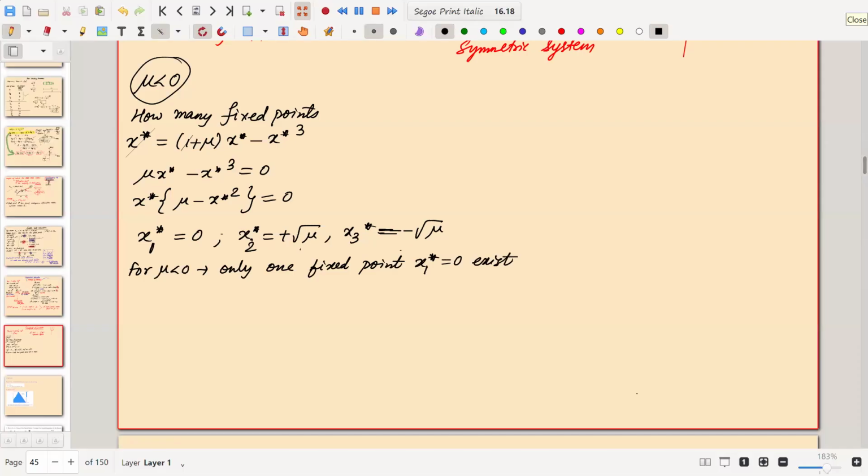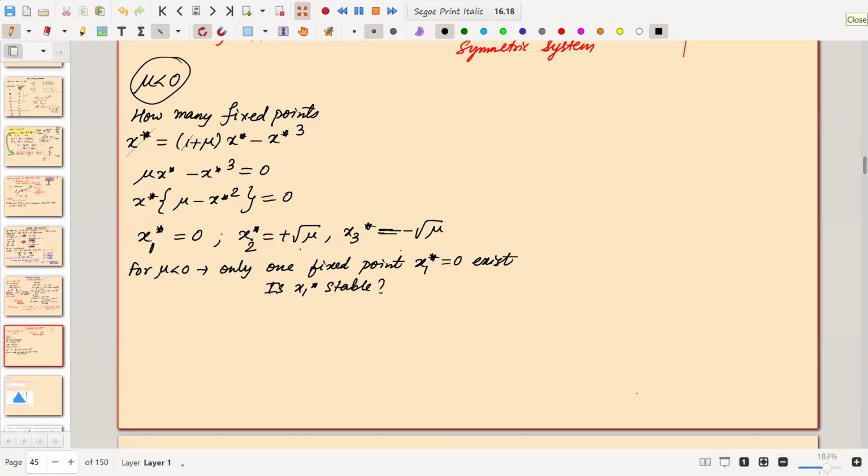Fine. And the fixed point which exists, is it stable or unstable? That is the question. Is x1 star stable? To answer that, what do you have to do?